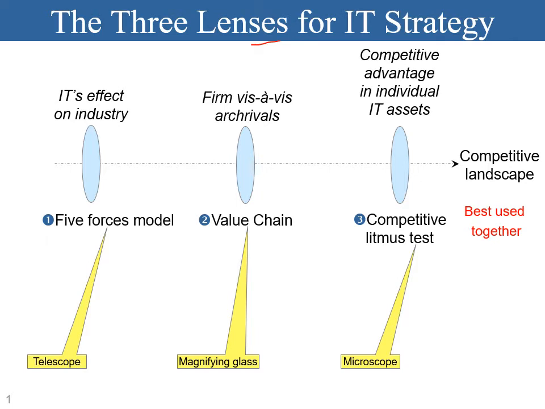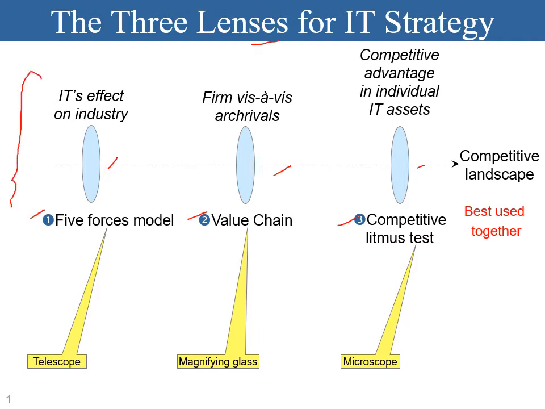And the third one is whether your IT assets create a sustainable competitive advantage. So to help you answer these questions, there are 3 lenses of IT strategy that you have to know. Okay, it is about 3 lenses, which is the level of zoom. Okay, the level of zoom, that gives sharp insight in formulating the IT strategy for your company.